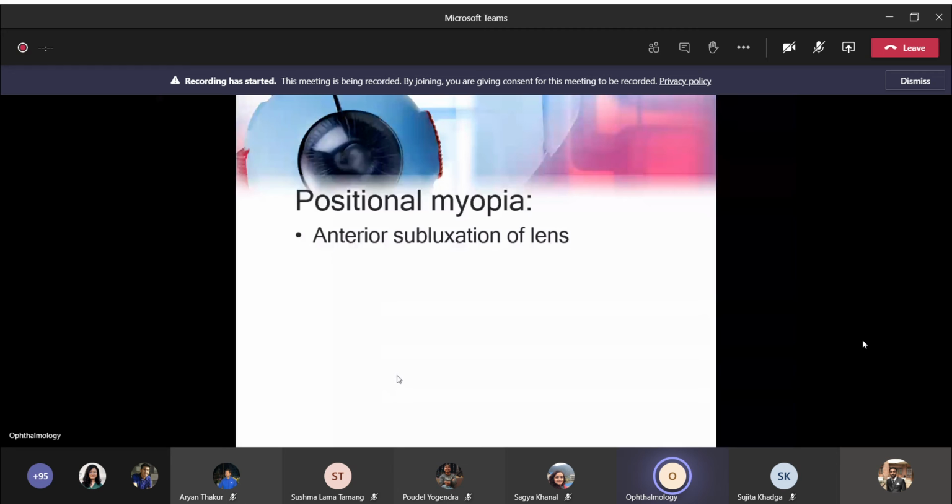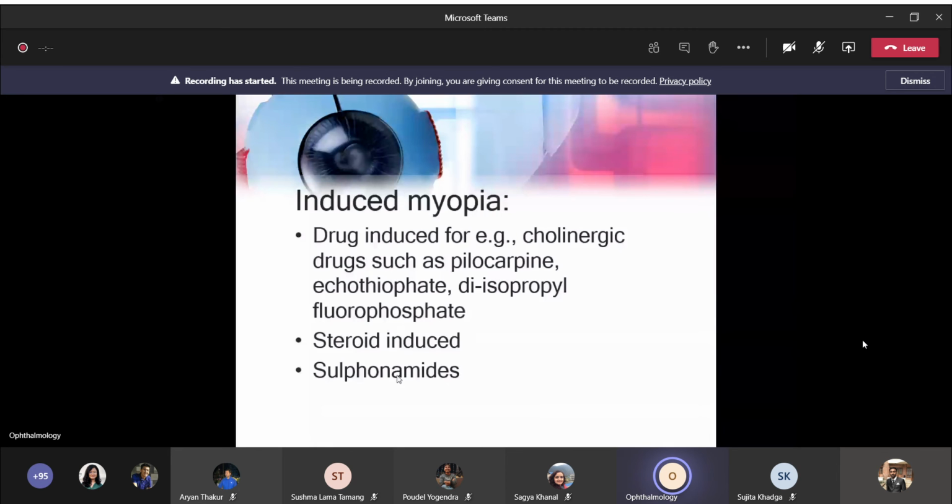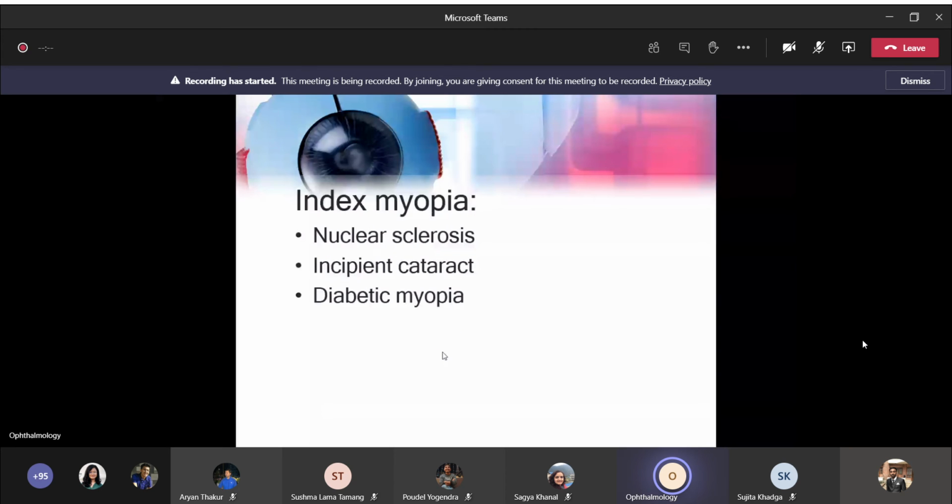Drug-induced myopia is caused by some drugs, and steroids induce myopia. Another one is index myopia, in cases such as nuclear sclerosis, incipient cataract, and diabetic myopia.